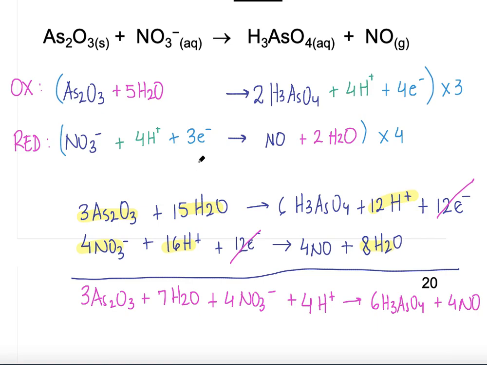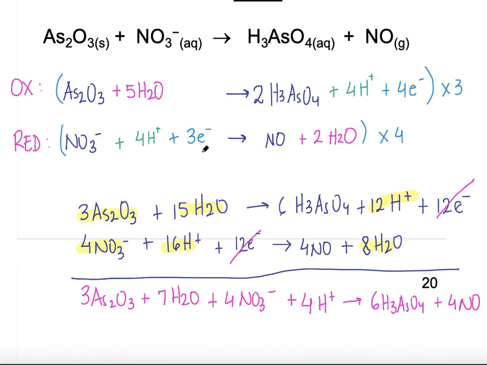We could have also figured it out by looking at what happens to the atoms. In this case, the arsenic here is going to be changing oxidation number. And on the bottom, the nitrogen is going to be changing oxidation number as well. The last thing that I want to mention is that in every single case, your electrons need to be on opposite sides.